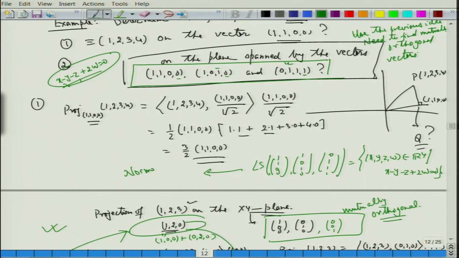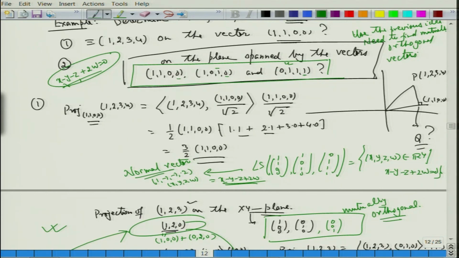What is the normal vector? Normal vector means the one which is perpendicular to all of them. So, the normal vector here is nothing but (1, minus 1, minus 1, 2). Just look at this with the dot product, (x, y, z, w) with this vector is nothing but x minus y minus z plus 2w. All right. Fine. So, this is the normal vector.